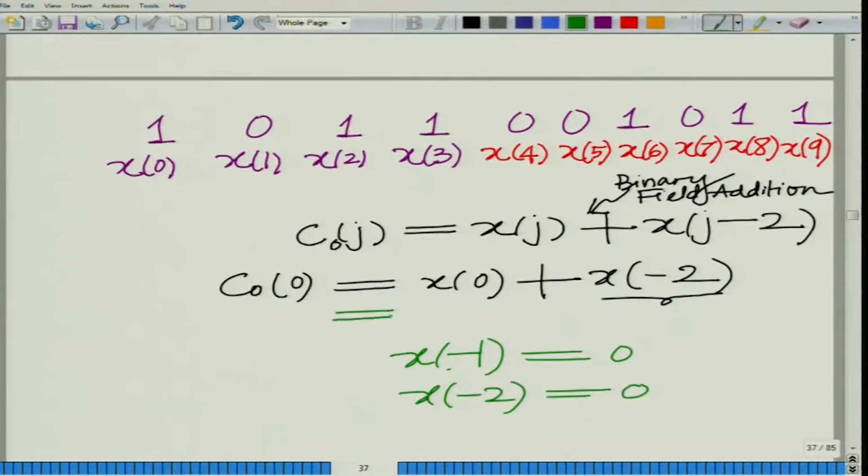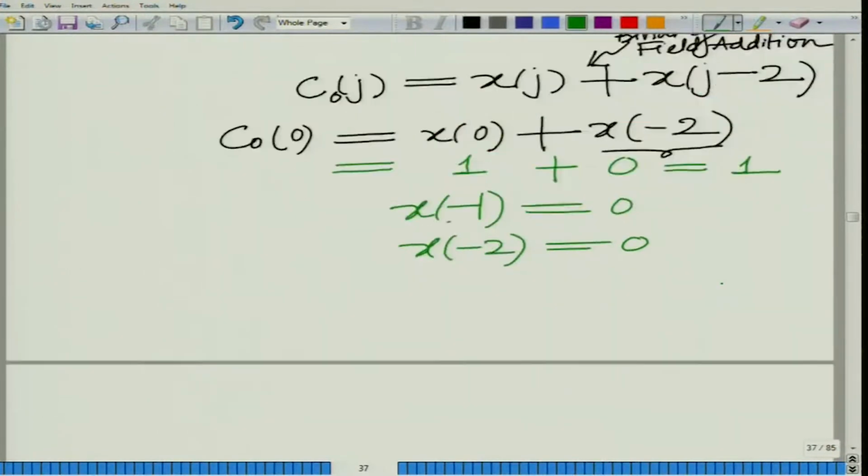So this implies C0 of 0: x of 0 is 1 plus x of minus 2 is 0, so 1 plus 0 is 1.